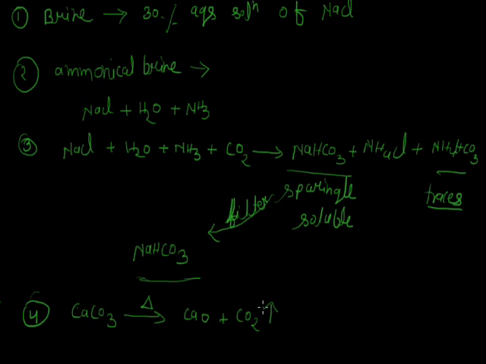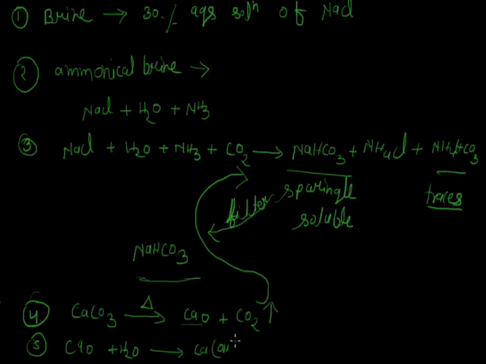This CO2 gas is used in the third step. And in the fifth step, calcium oxide, which is called quicklime, reacts with water and converts into slaked lime, that is calcium hydroxide.